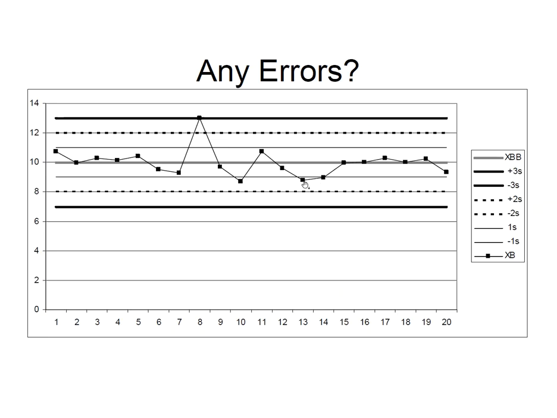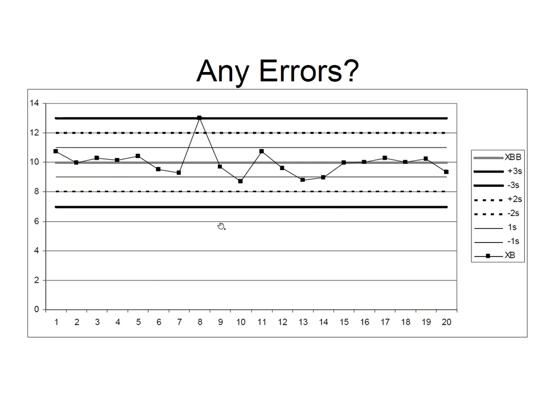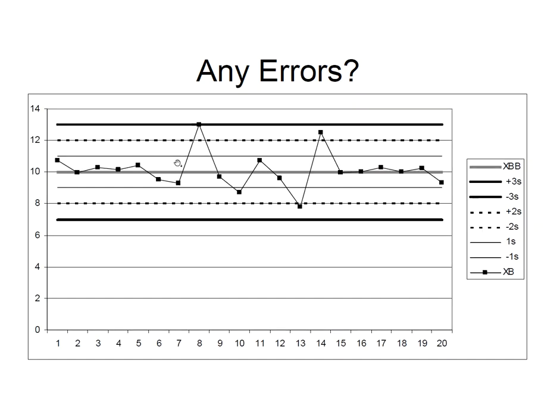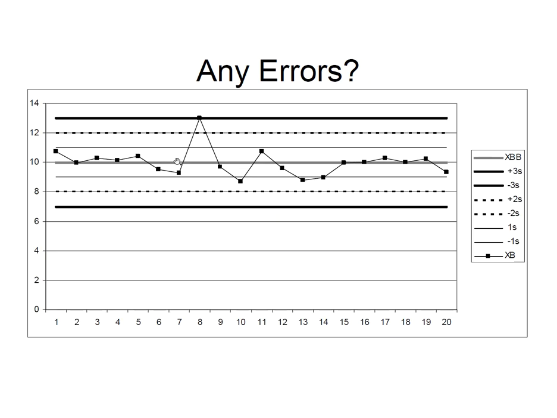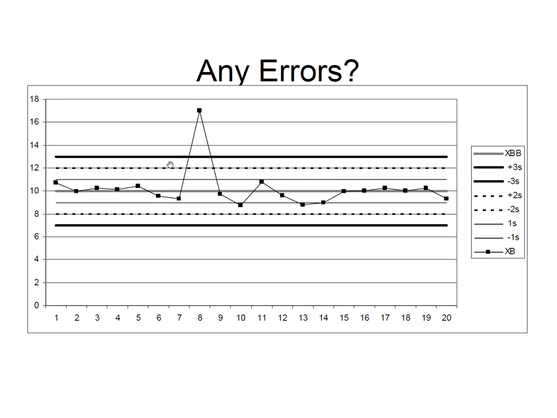No, see that one doesn't count. So it's really 1, 2, 3, 4, 5, 6, 7. So this idea of 9 on the same side, that's not it, right? So 9 points on the same side. So 1, 2, 3, 4, 5, 1, 2, 3, 4, 5. Yeah, no, it's not working. So this looks like it to be in control.